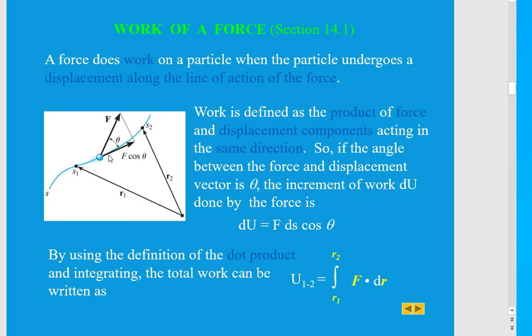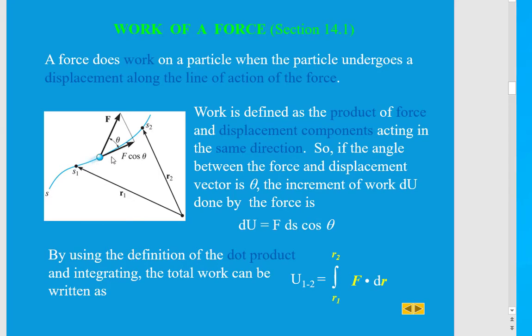So by definition, we're looking at the component of the force that causes the motion along the line of action or along the displacement. This component can be extracted by knowing the angle theta. So in this case, it becomes F cosine theta multiplied by that distance.